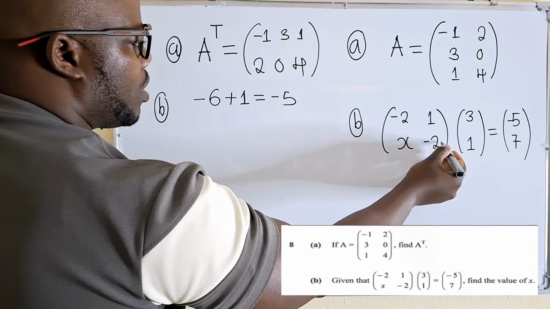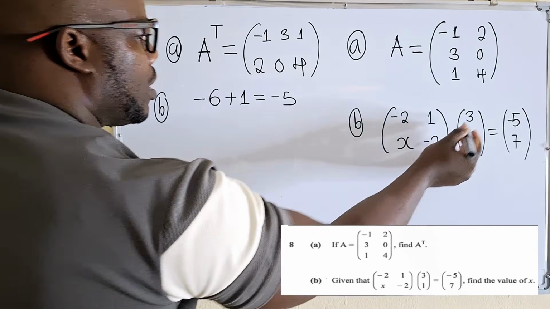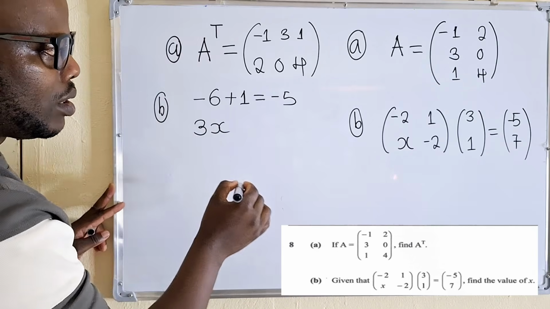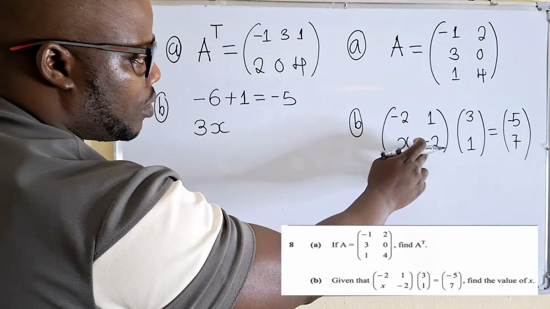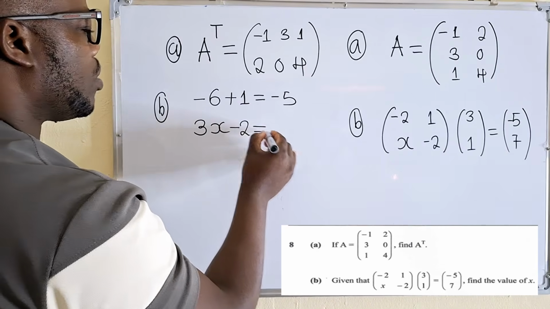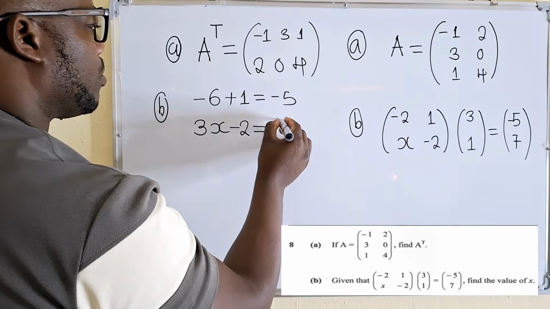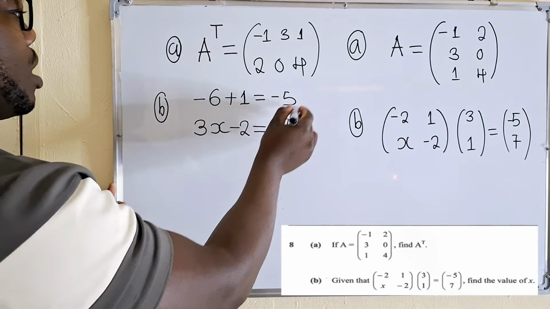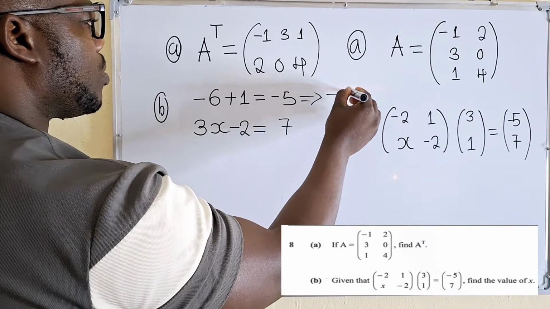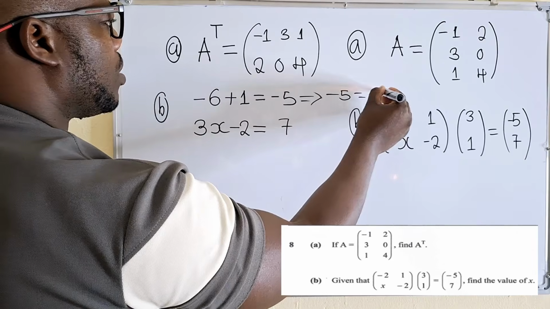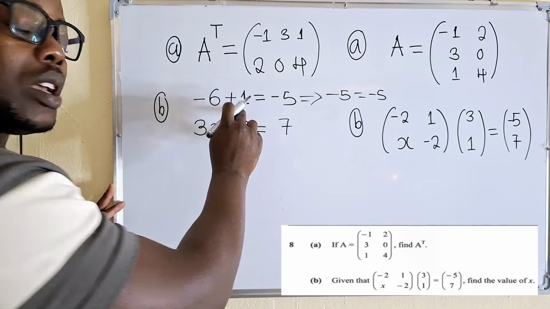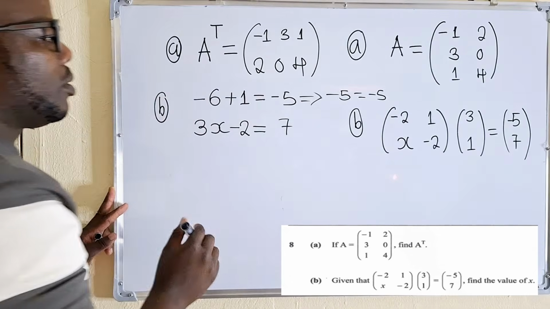We come to the second row, that is x times 3 will give us a 3x. And then negative 2 times 1, that will be equal to negative 2, equal to 7. Okay? So if you're able to see nicely on top here, this will be equal to negative 5, which is equal to negative 5. Obviously, this is negative 5, and when we work out here, we're getting a negative 5.